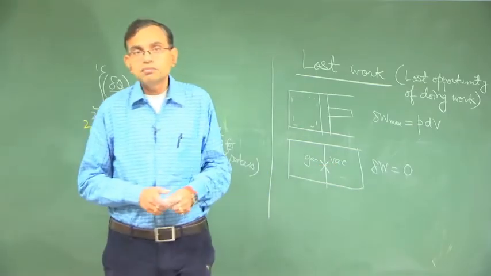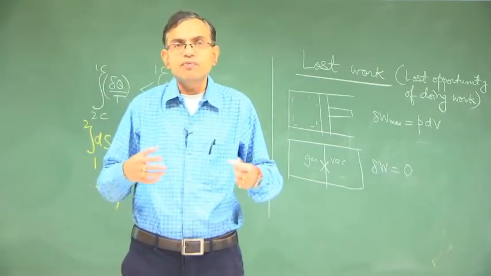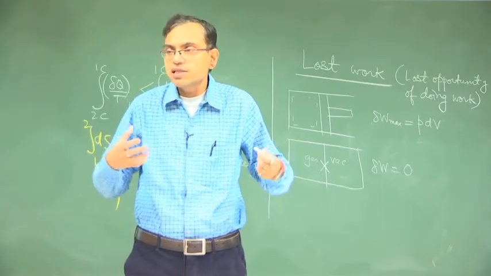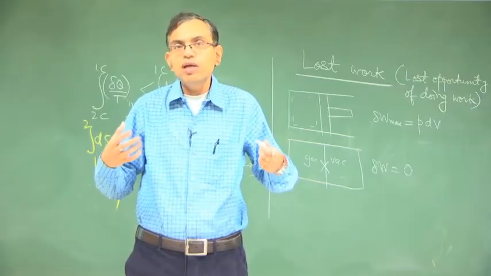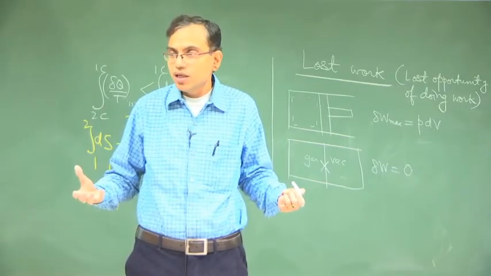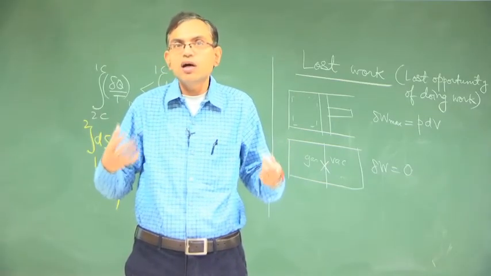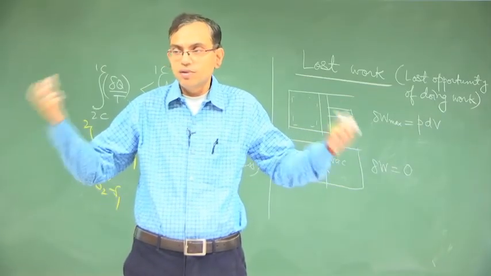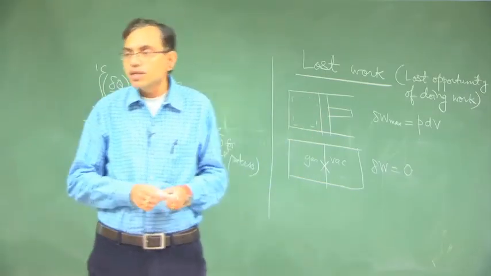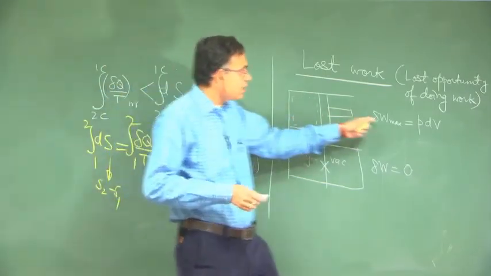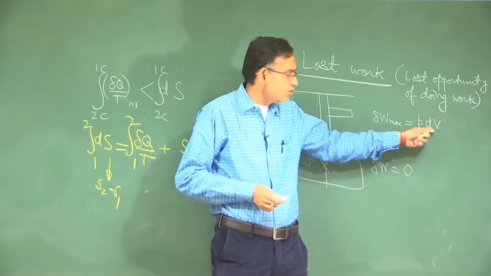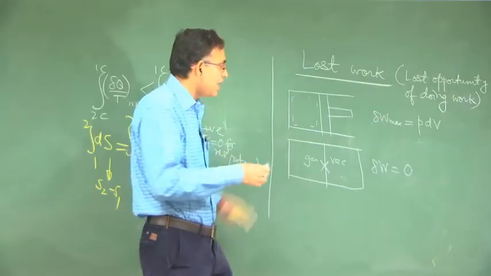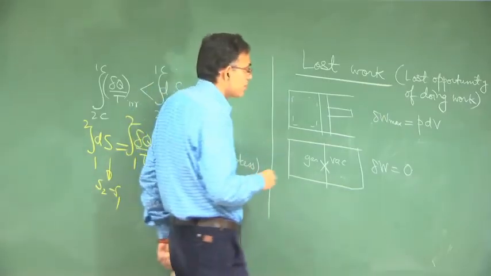So, this is even a very philosophical way of looking into life. If we do hard work with resistance, then only we utilize our potential. If we do not do hard work and do not face any resistance and have a happy go life, then we do not utilize our potential. So, in this case the potential full PdV is utilized, in this case it is not utilized at all. Reality in life is something in between these two.